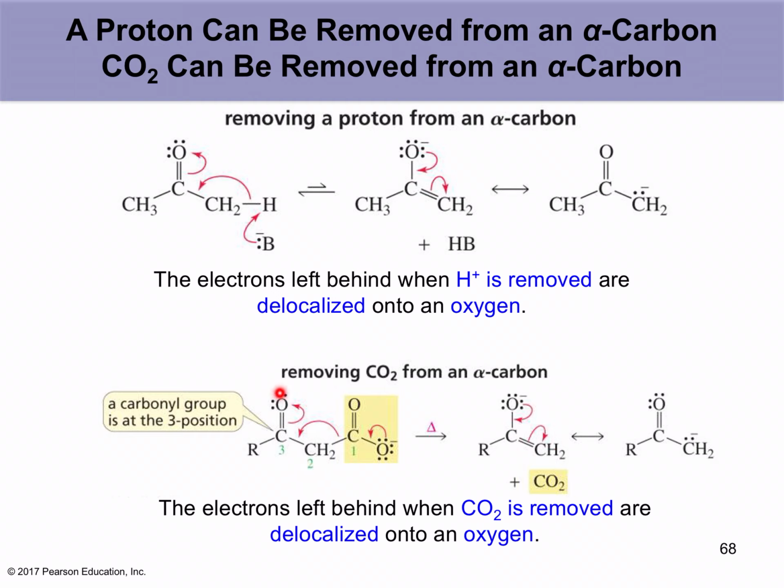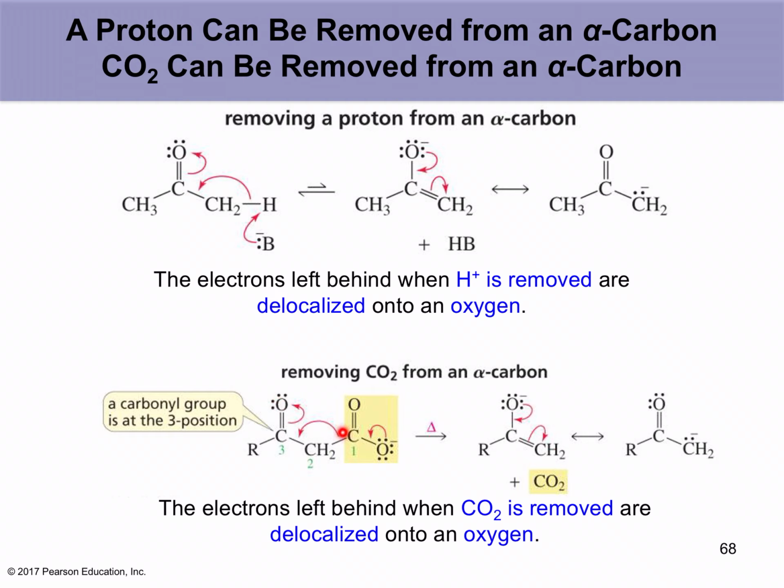Now here you have a carbonyl group in this position, and then we have a carboxylate ion here, COO minus. Now we can lose this carbon dioxide molecule from this part, and then you're going to be forming a carbanion, and this carbanion can be resonance stabilized with the carbonyl group.